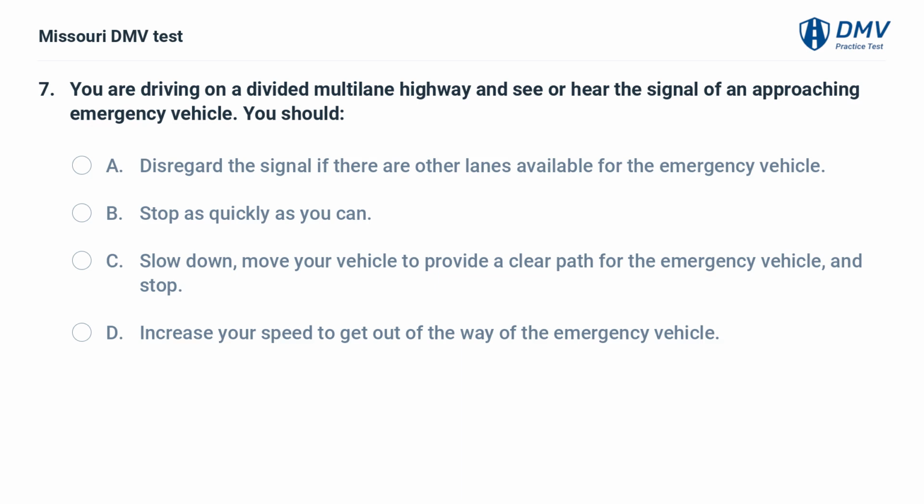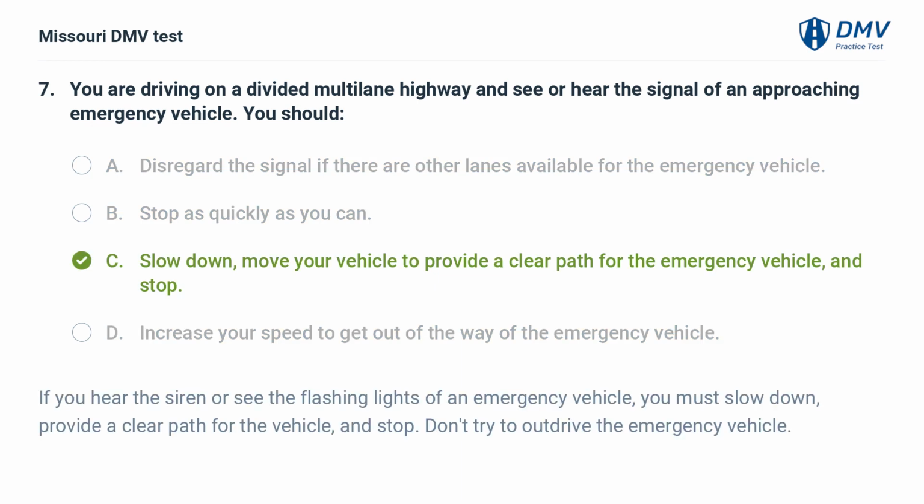D. Increase your speed to get out of the way of the emergency vehicle. C. Slow down, move your vehicle to provide a clear path for the emergency vehicle, and stop. If you hear the siren or see the flashing lights of an emergency vehicle, you must slow down, provide a clear path for the vehicle, and stop. Don't try to outdrive the emergency vehicle.